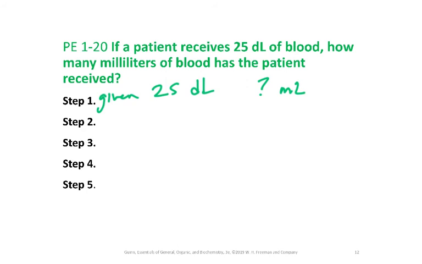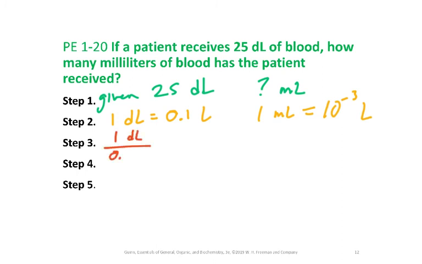So we want to write conversions for each of these to the base. You find that 1 deciliter is 0.1 liters, and 1 milliliter is 10 to the minus 3 liters. Now each of these can be written in 2 ways.